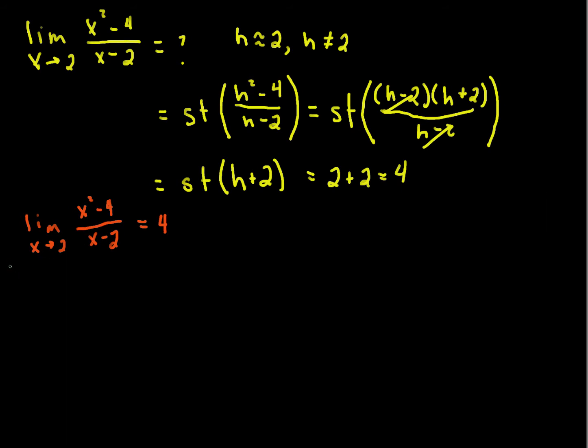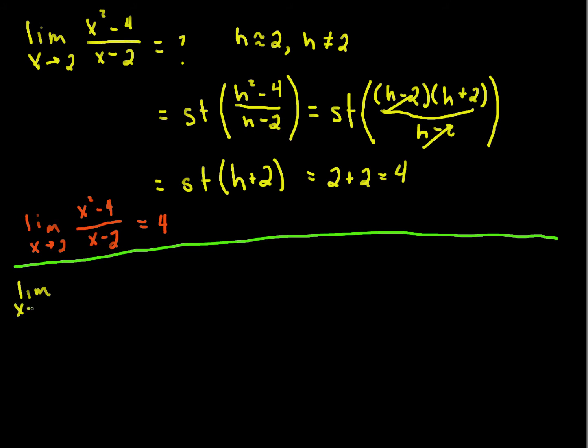So we will mark this off and look at the limit as x approaches 0 of, say, the square root of x plus 1 minus 1 all divided by x.